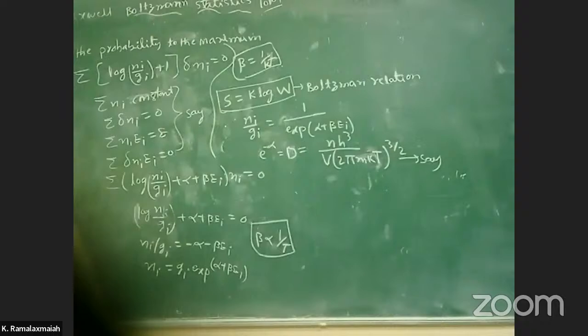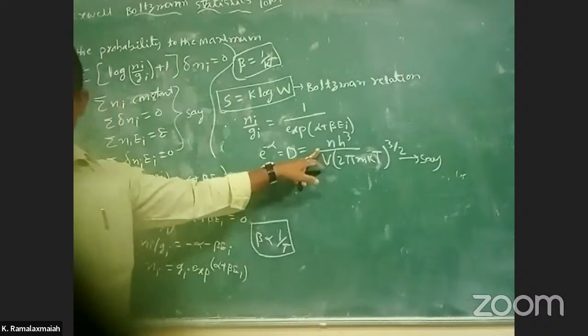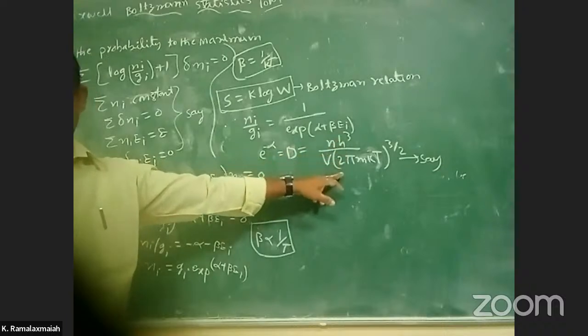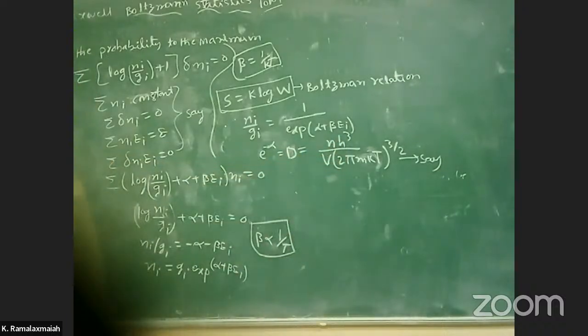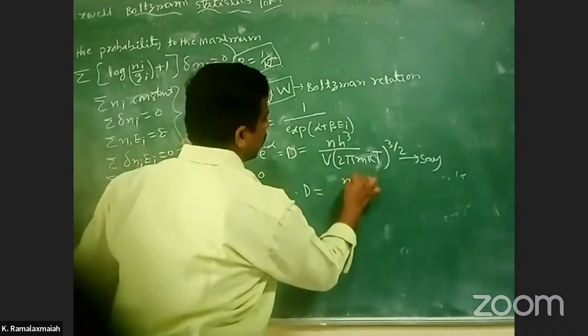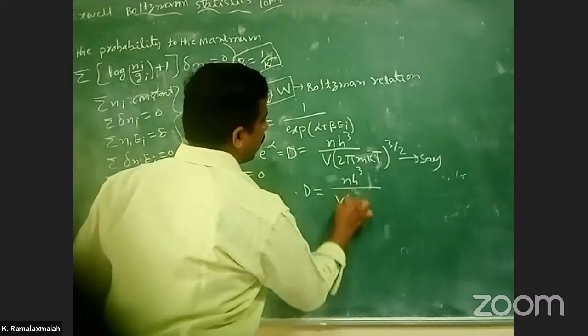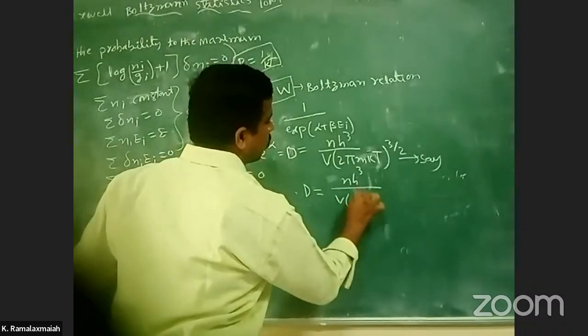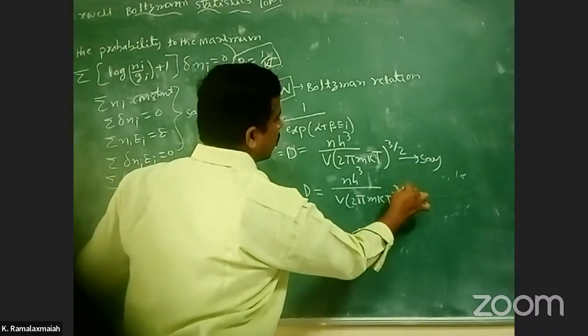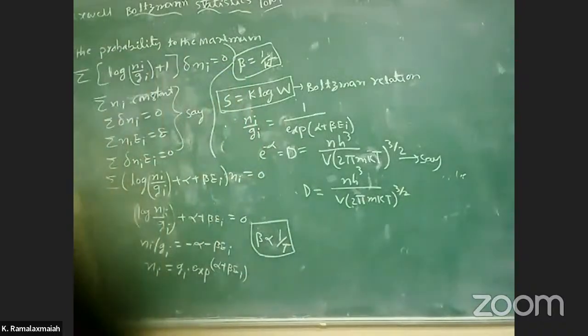So here d is equal to n h cube by V into (2 pi m k t) power of 3 by 2.